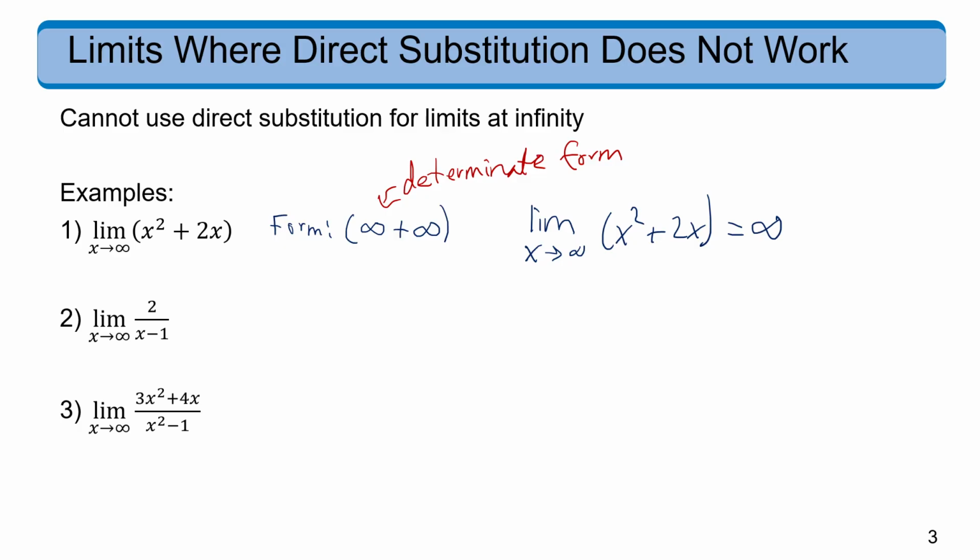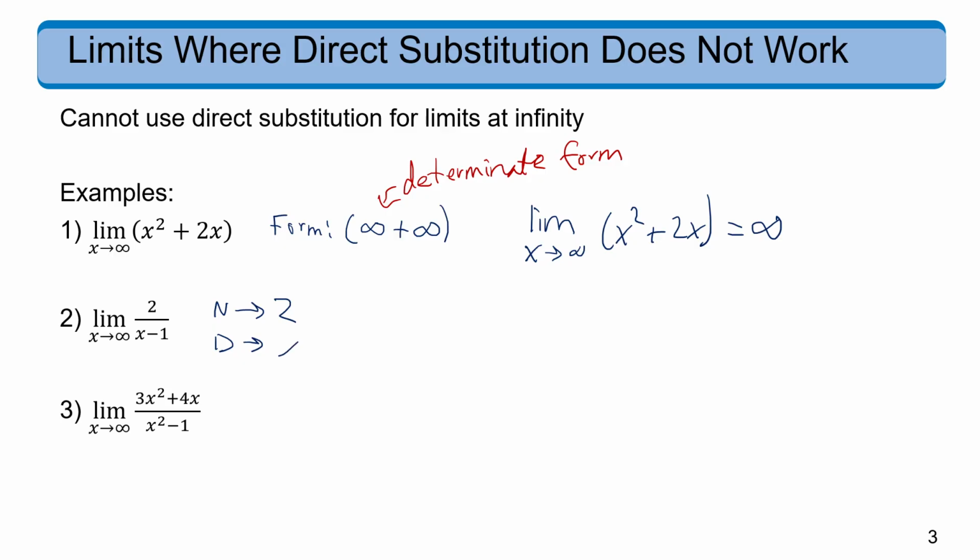So in this case, the numerator is fixed at 2. And then if we think about the denominator separately, as x gets bigger and bigger off to infinity, x minus 1 is also getting infinitely large. Right, 1 less than infinity is still infinity, right? So if we look at the form, meaning look at the numerator and denominator separately, the numerator is a constant, so we would just say the numerator is approaching 2.